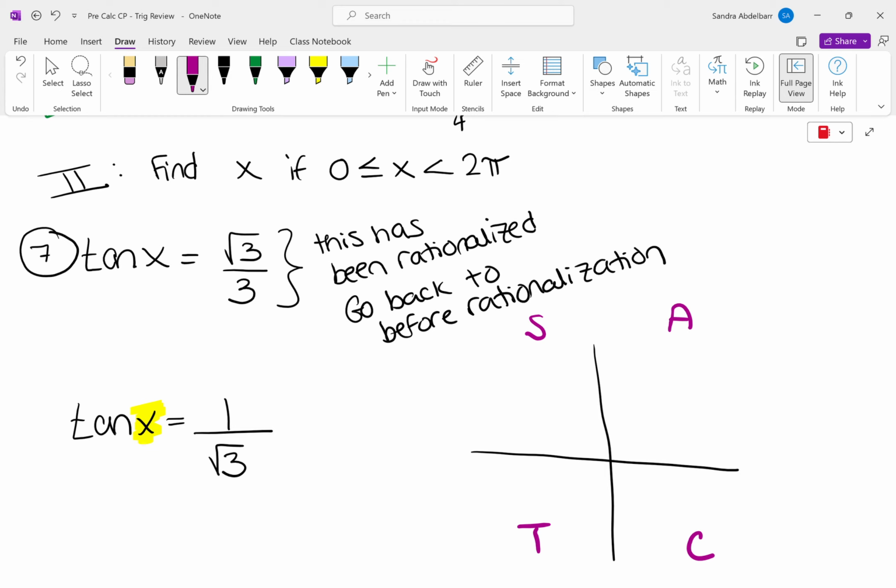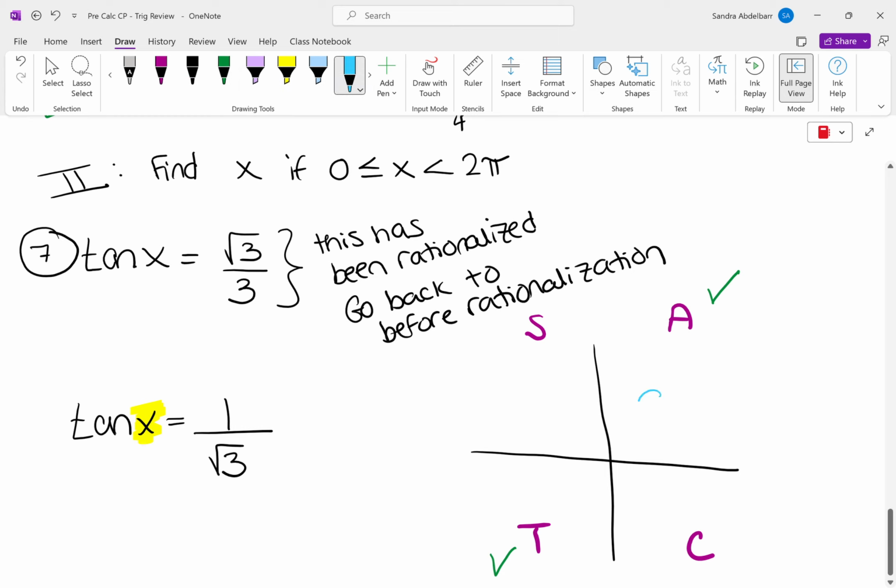Do you see how the tangent of this angle is positive? Because the tangent of this angle is positive, I have to work in the quadrants where tangent is positive. In which quadrants is tangent positive? 1 and 3. So 1's a winner, 3's a winner.